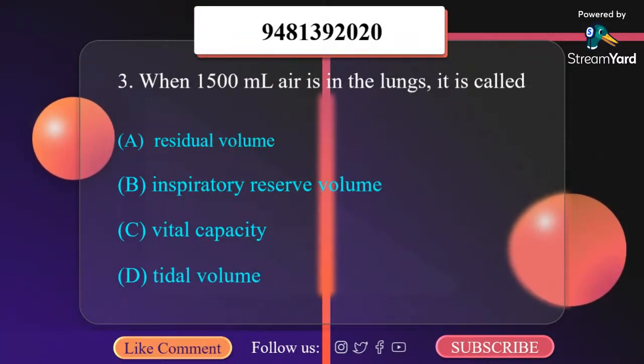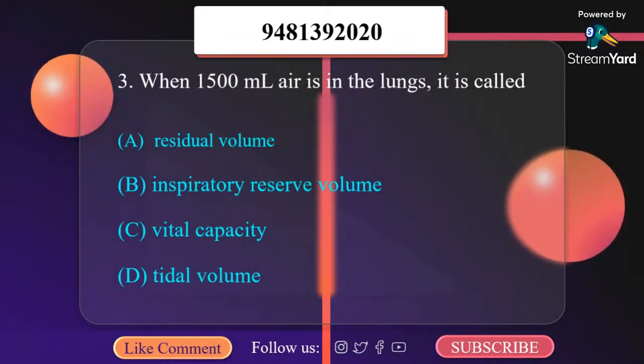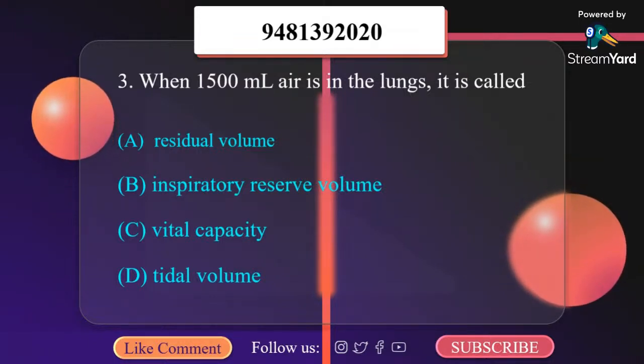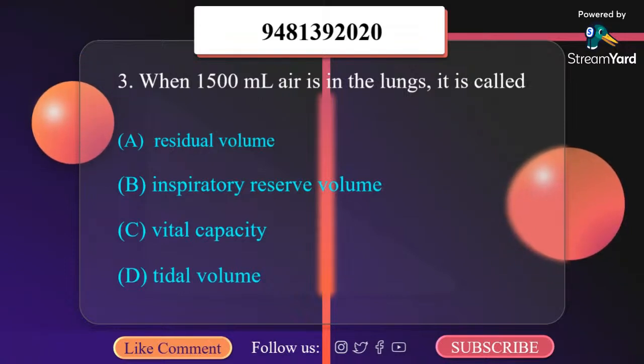Residual volume is the amount of air that remains in the lung after forcible expiration. It is about 1500 ml. It enables the lungs to continue exchange of gases even after maximum exhalation or holding the breath.